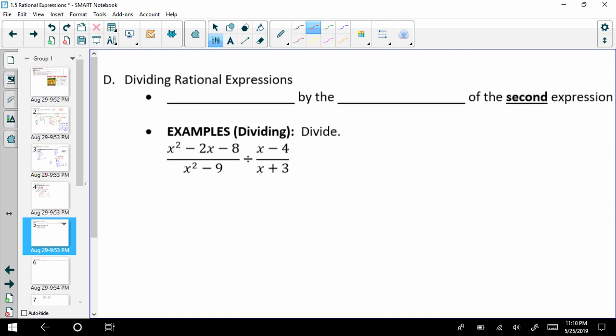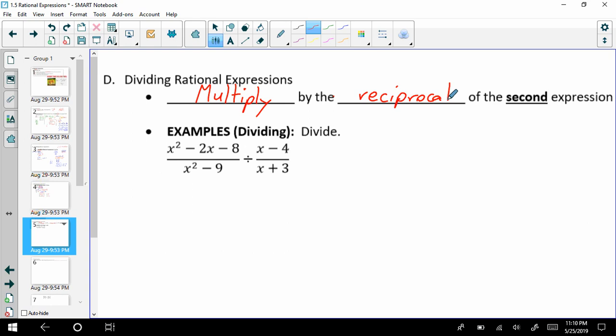Okay, if you can do what we just did, dividing is also pretty simple. All you have to do to divide is end up multiplying by the reciprocal of the second expression.